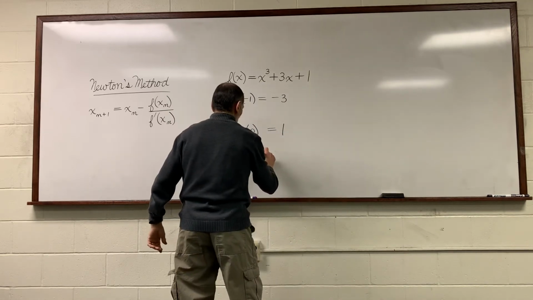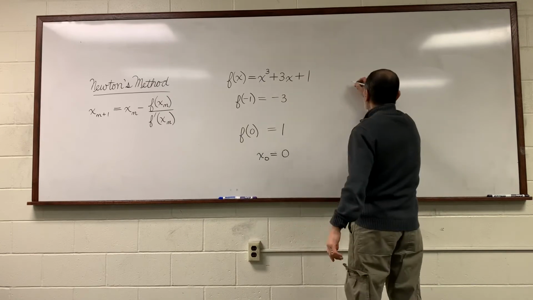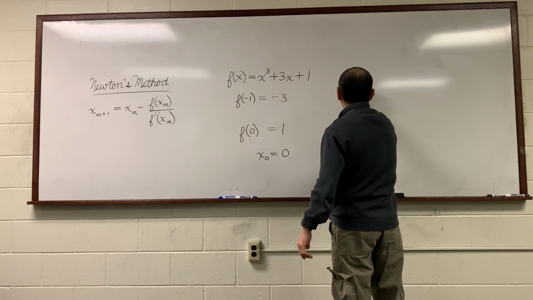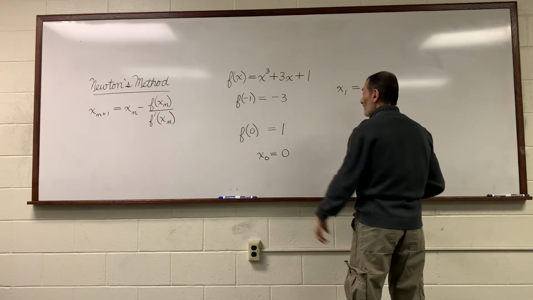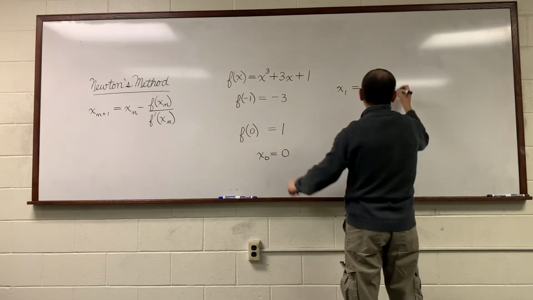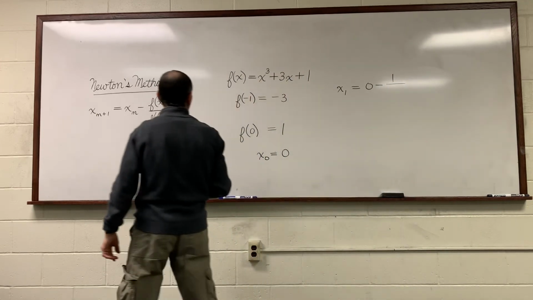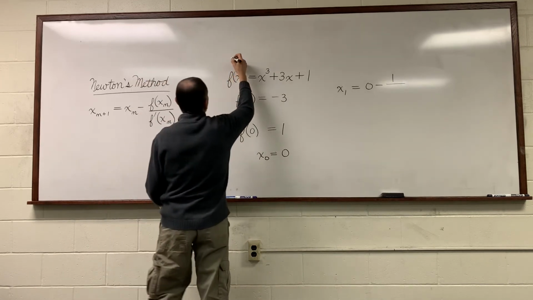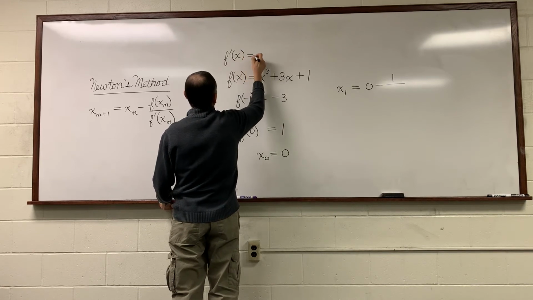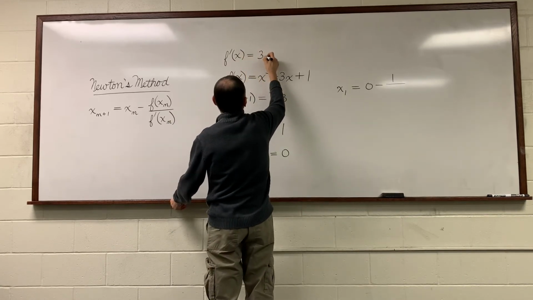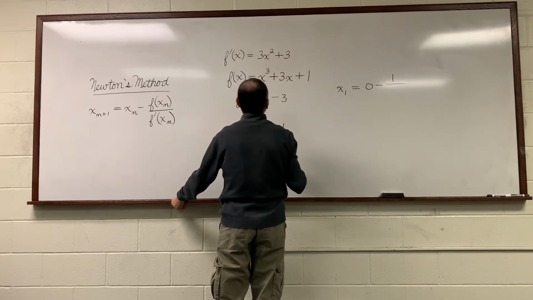I'll say x sub 0 is 0. Well then, x sub 1, following the template, is 0 minus f of 0, which I already know, divided by f prime of 0. Well, f prime of x equals 3x squared plus 3, which we saw in our previous lesson.